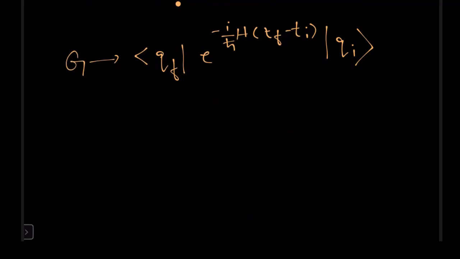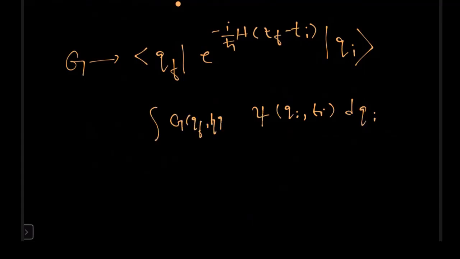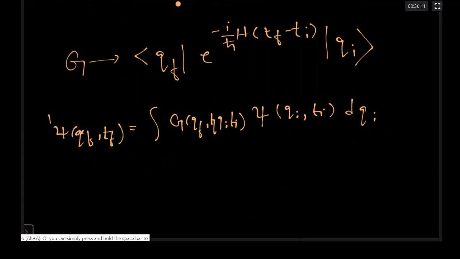It's not the Schrodinger equation, but something new where, given you know this, and using this and the propagator, which is a function of QF, TF, QI, TI, you can know this at QF, TF, right?